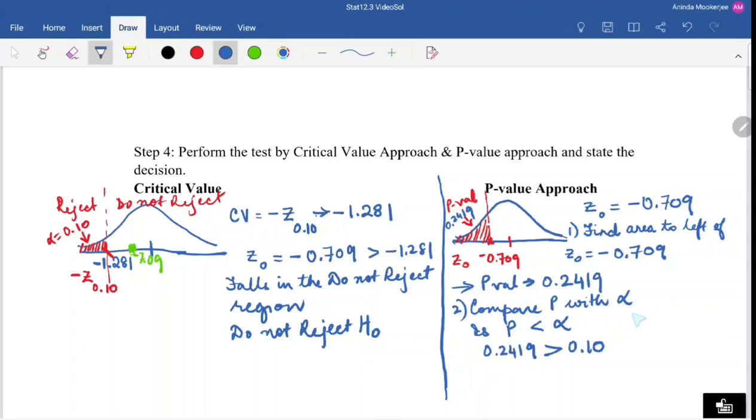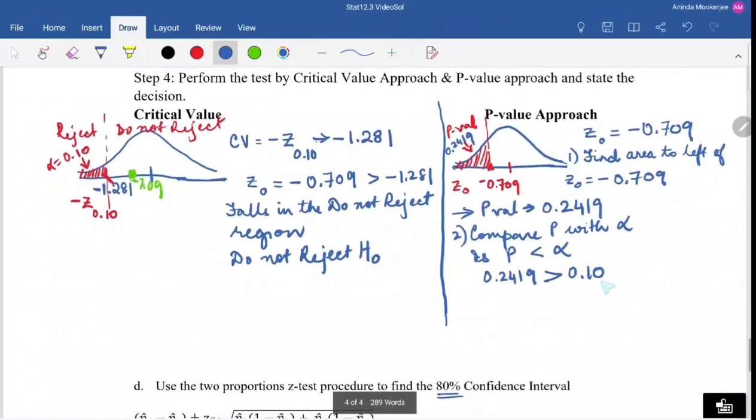For this particular problem, alpha is 0.10, so we have to compare it with that. It is greater, therefore do not reject null hypothesis. So when p is greater than alpha, then we do not reject null hypothesis.